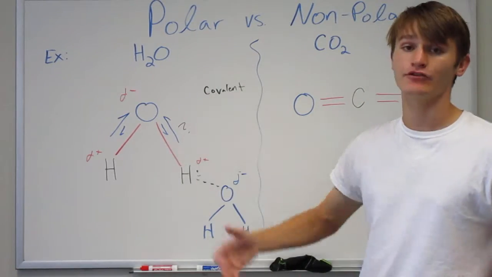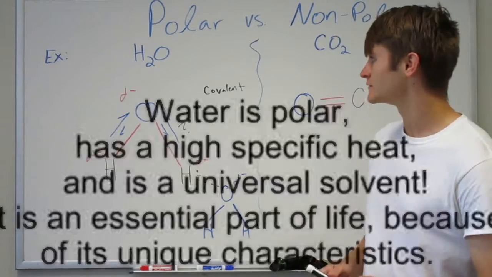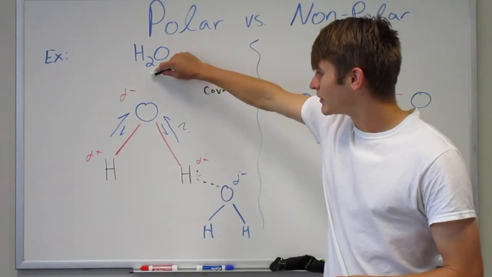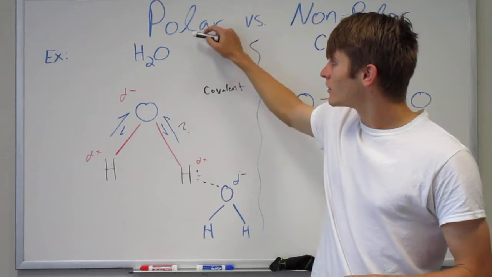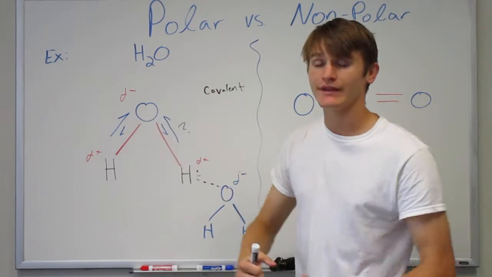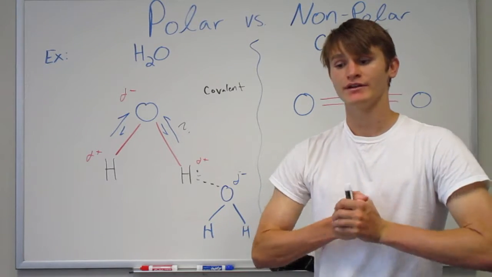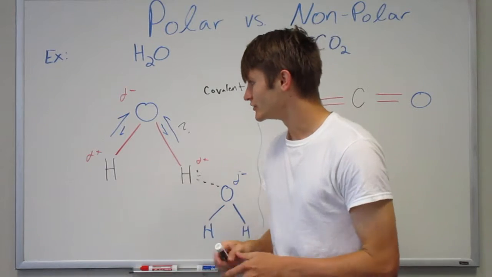And I'm probably going to have a video later just on water molecules because of how cool and unique water is. But H2O, the water molecule, is polar because of the electronegativity pull that the oxygen brings. It is grabbing the electrons with a greater tug than the hydrogens.